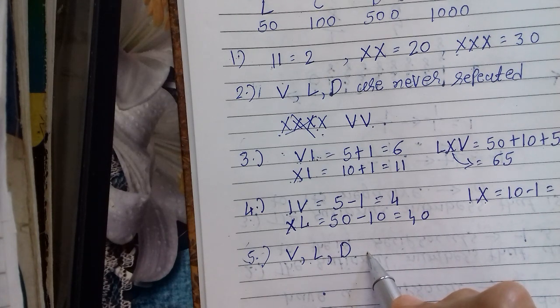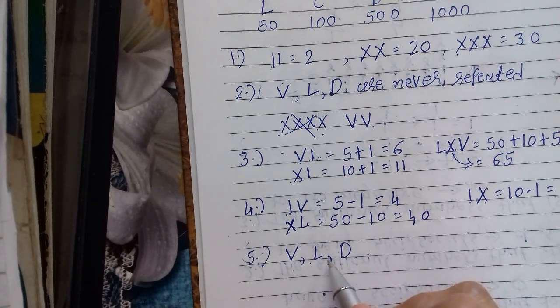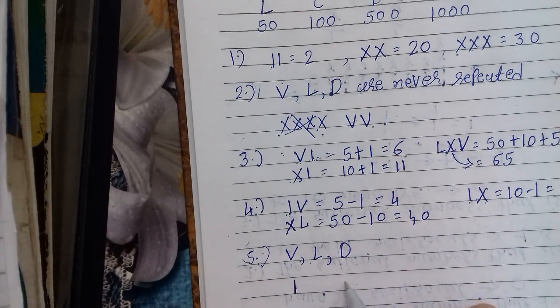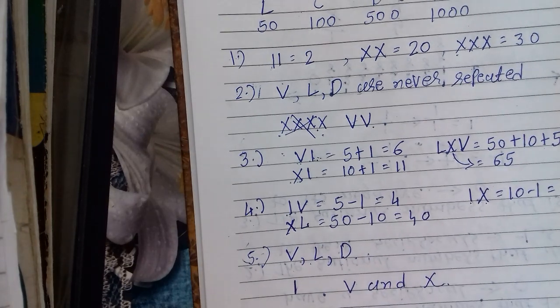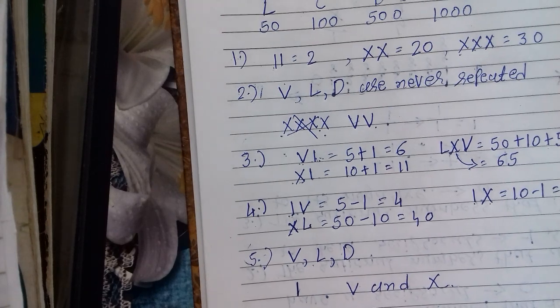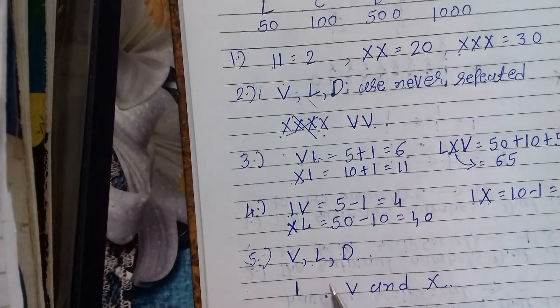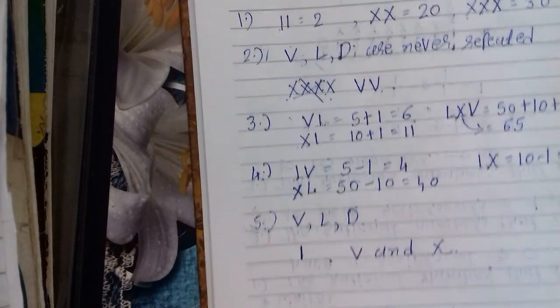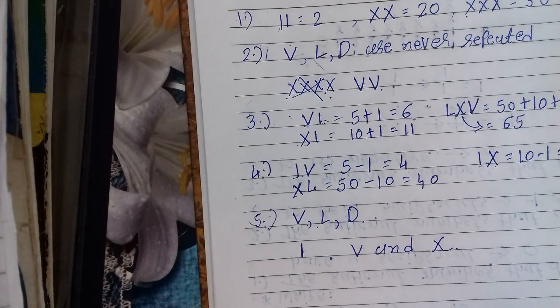The symbol I can be subtracted from V and X only. So, by using these rules, you can write any numeral in Roman numerals.